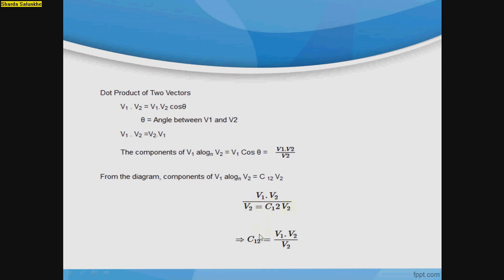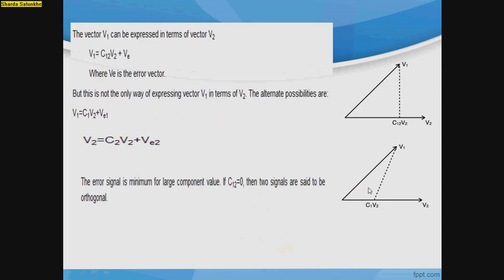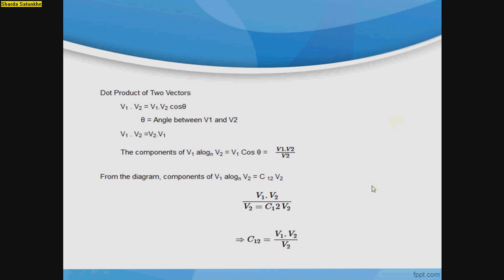So C12 can be calculated as V1 dot V2 divided by V2 squared.